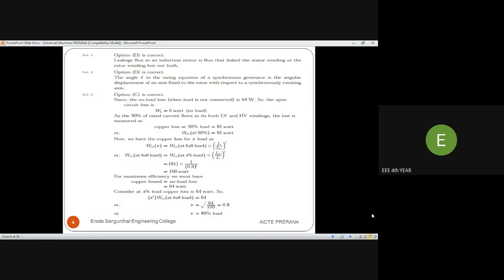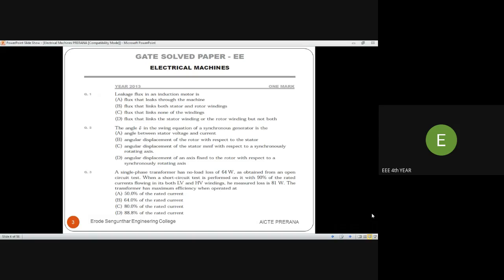Here 64 is the no load losses, divided by 100, the full load copper losses. Then the x value is equal to 0.8, that is 80% of rated current. We can get the maximum efficiency of a transformer. So option C is the correct answer for question number 3.